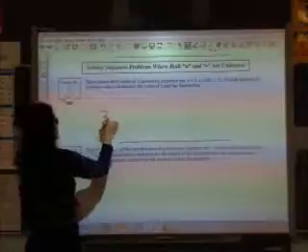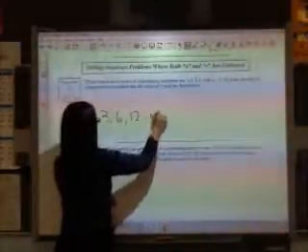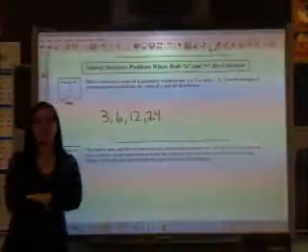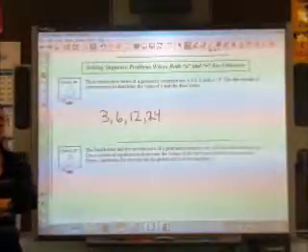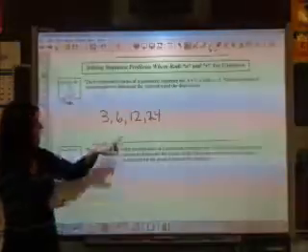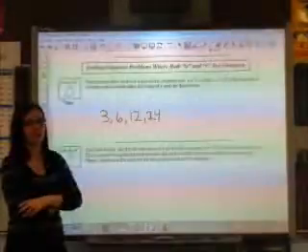So if my sequence is this, how do I find my common ratio? Divide the second term by the first term, the third term by the second term. Yeah, I divide any 2 consecutive terms.